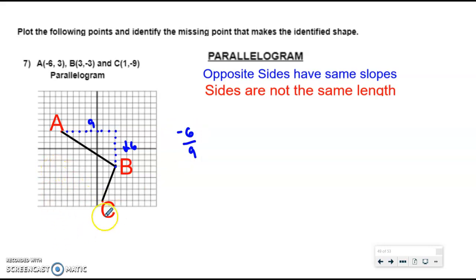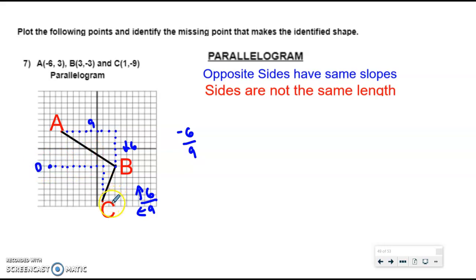So what I know is that if I am going to the right 9, down 6, I can go in the opposite direction, and I could go from point C up 6 to the left 9, and that's going to get me the same exact thing. So that's what I'm going to do. I'm going to go up 1, 2, 3, 4, 5, 6 over 1, 2, 3, 4, 5, 6, 7, 8, 9. This is where point D could be.